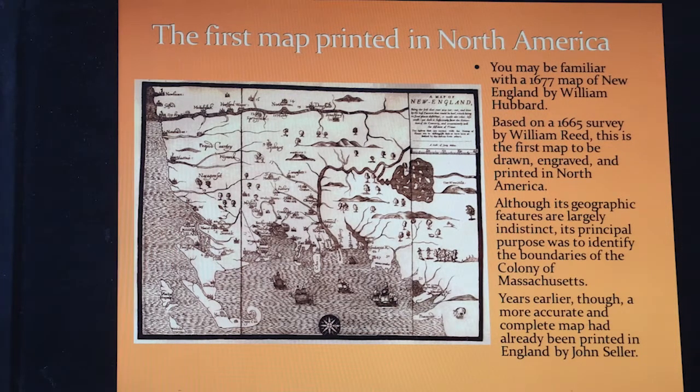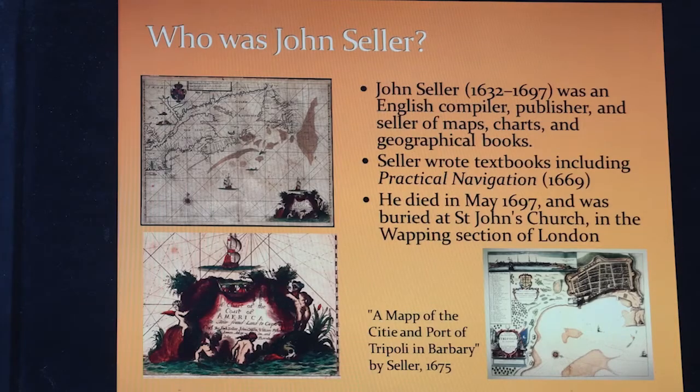But years earlier, a more accurate and complete map had already been printed in England by John Seller. Seller was an English compiler, publisher, and seller of maps, charts, and geographical books.